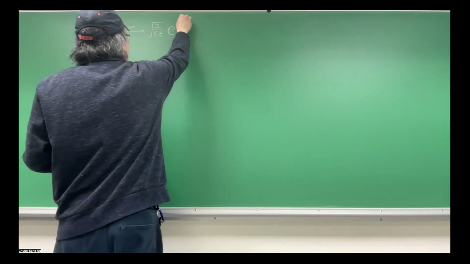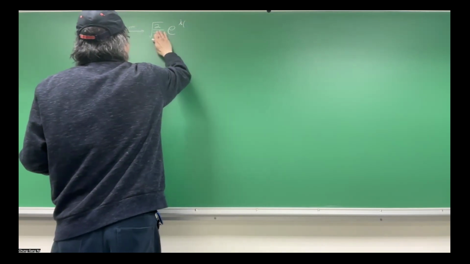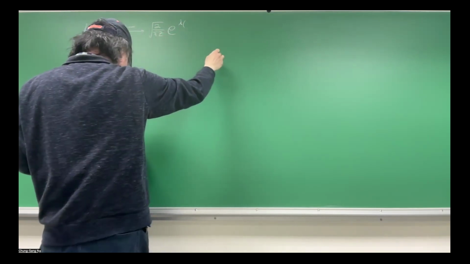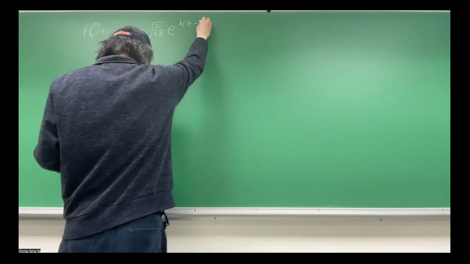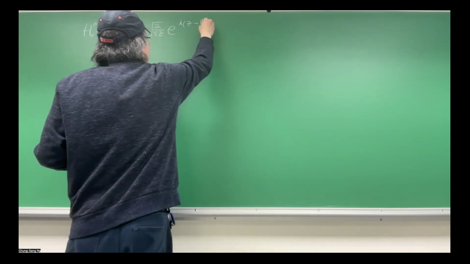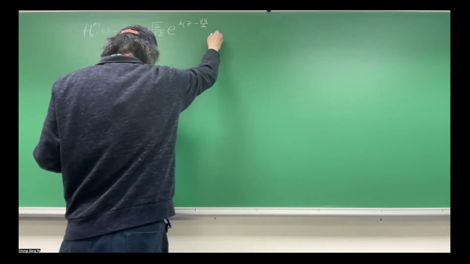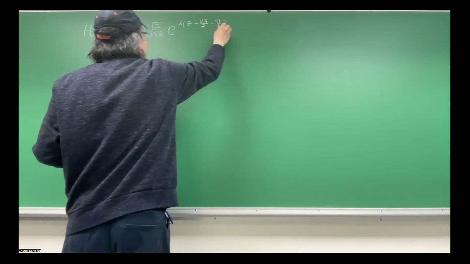e to the i, and that's Z, going back to Z, Z minus nu pi over 2 and minus pi over 4.